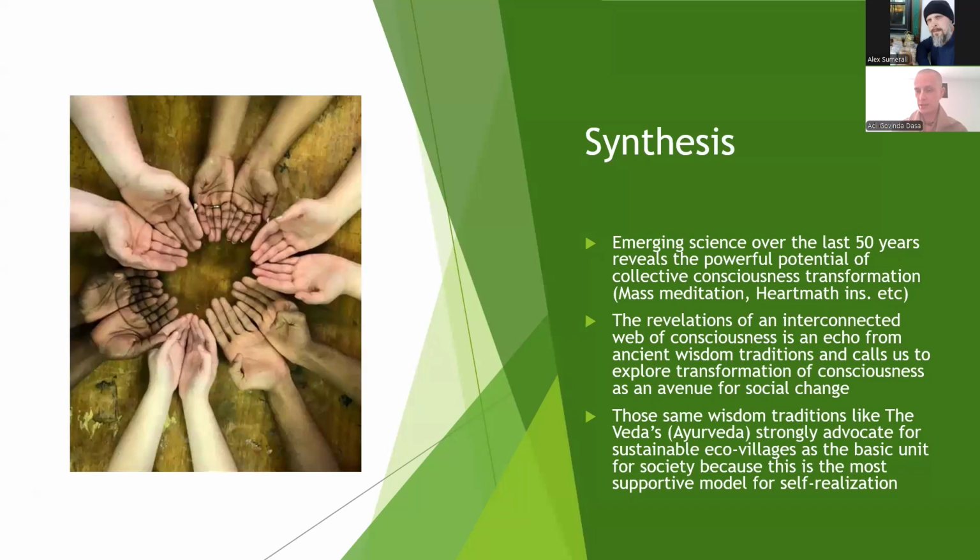We can help diminish the suffering on this planet very naturally. And these wisdom traditions that echo or are the source of this revelation have all called for the use of eco-villages as the basic unit for human society, because they're the most supportive model for self-realization.